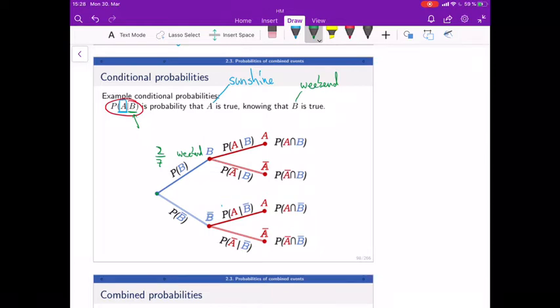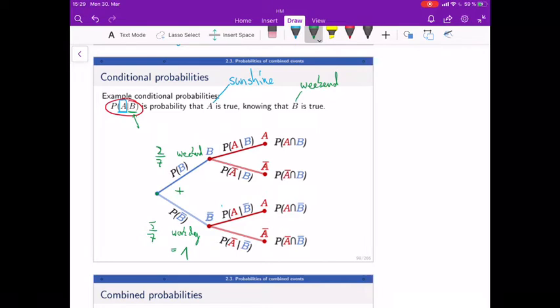Yeah, you've slept for a week and you wake up, what are the chances it's weekend? Obviously, the probability that it's a work day is 5/7. So those two, P of B plus P of not B, add up to 1. That's how these diagrams work.